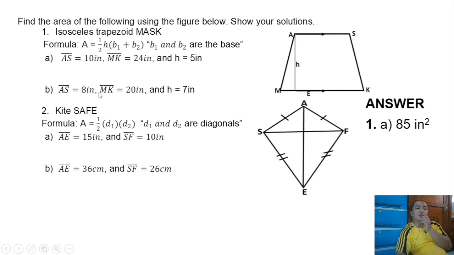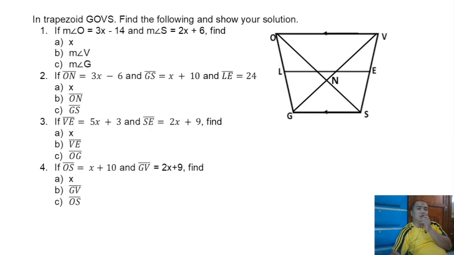Same here: 28 times 7 divided by 2 is 98 square inches. For the kite, just multiply the diagonals divided by 2. 15 times 10 is 150, divided by 2 is 75 square inches. Next, 36 times 26 divided by 2 is 468 square centimeters.